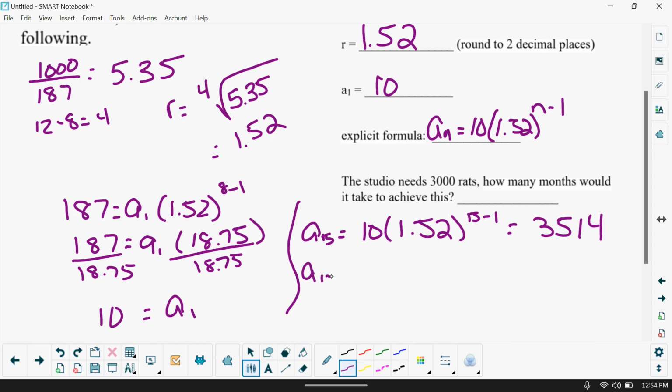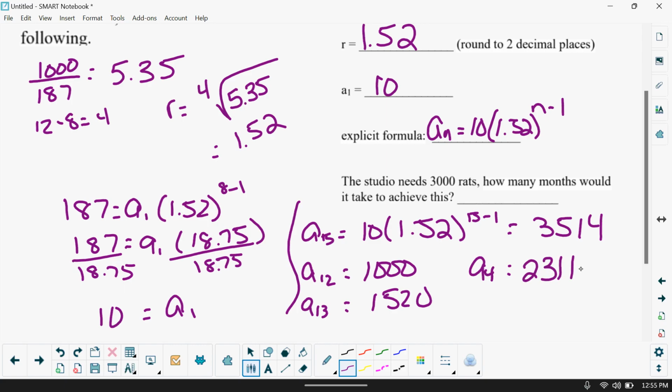So I'm going to go and try 12. Let's try the 13th month. Okay, a 14 then. So that's going to come between 14 and 15 months.